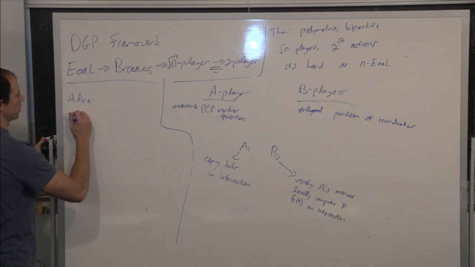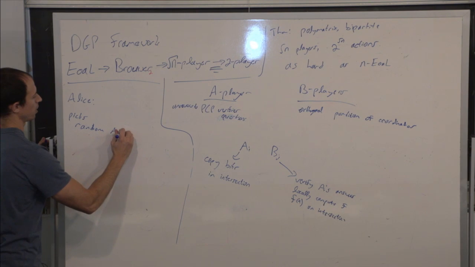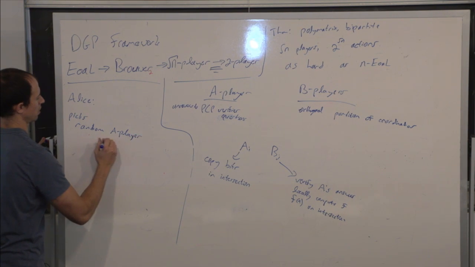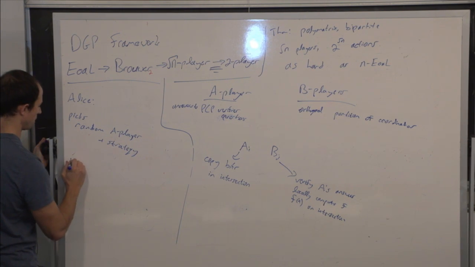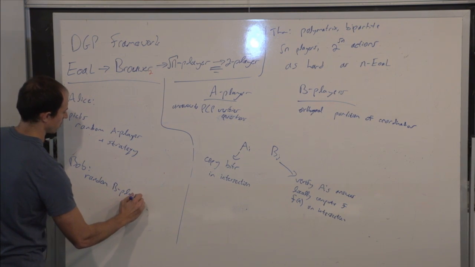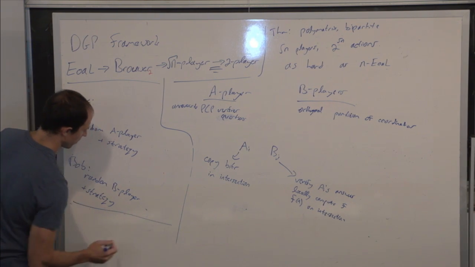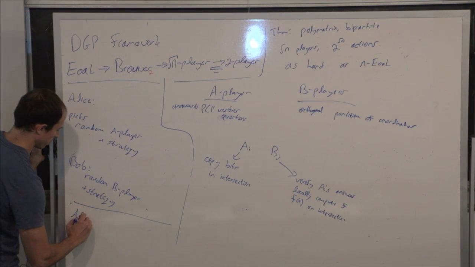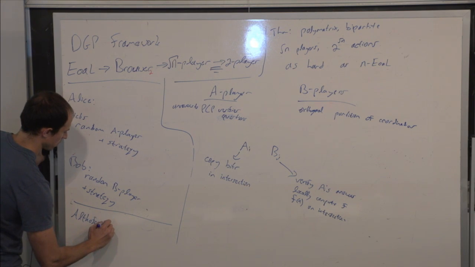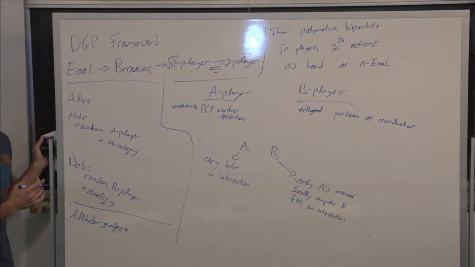So Alice picks a random A player plus strategy, and Bob a random B player plus strategy, and there is a gadget due to Althofer that forces them to play approximately uniformly at random.